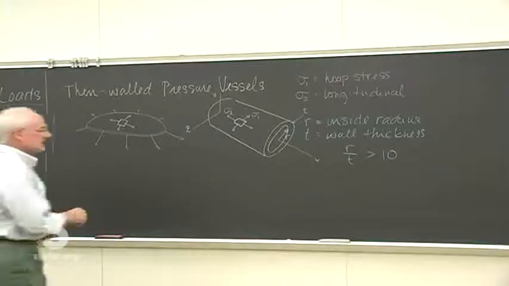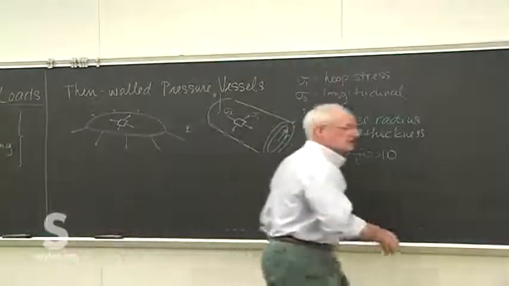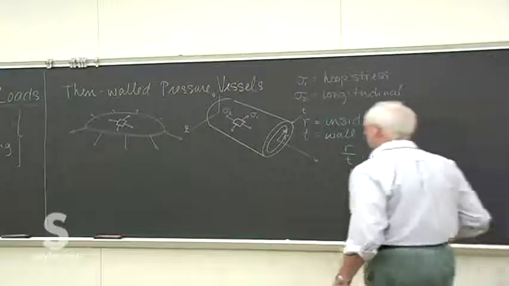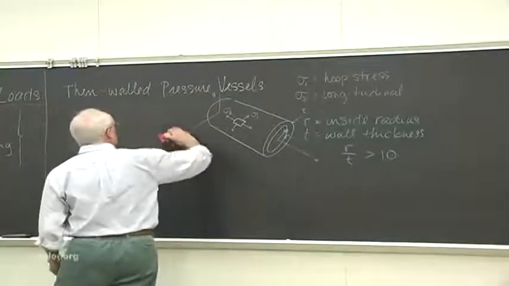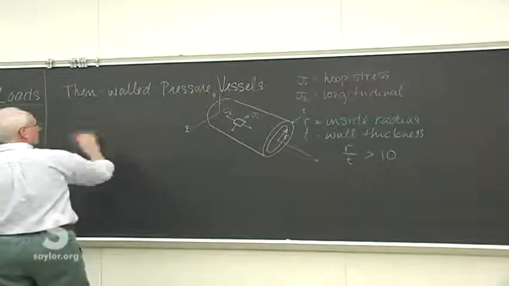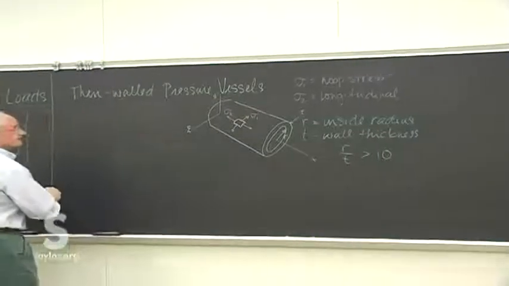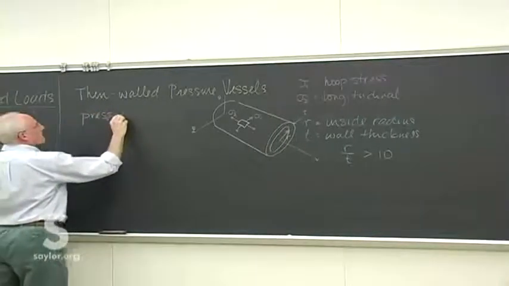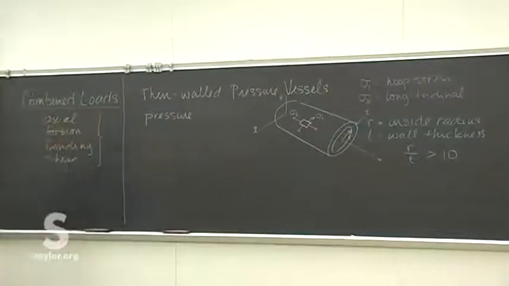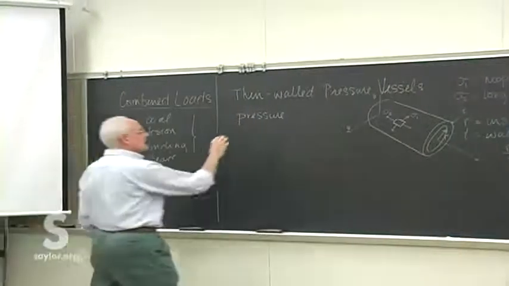All right, we need to take this apart and see what we can make of these stresses themselves in regards to the load they're carrying, which is the internal pressure. This internal pressure is considered a gauge pressure.